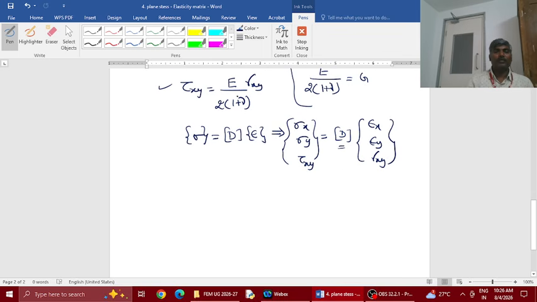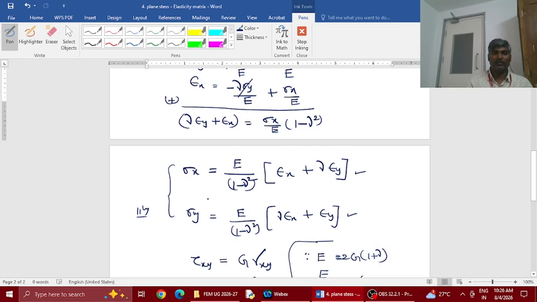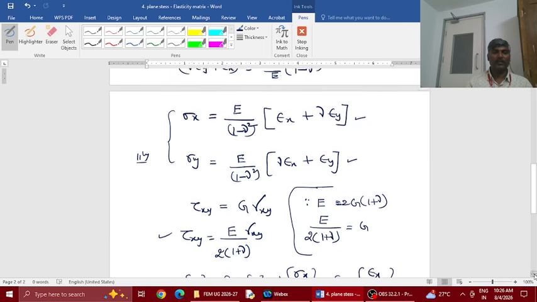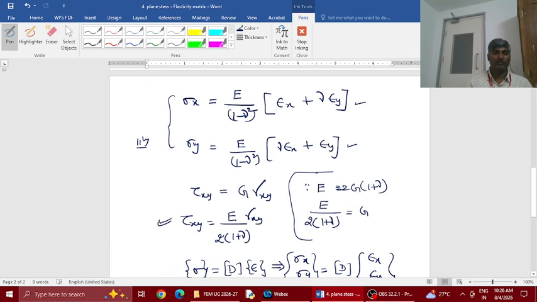We have these two equations with a common term of E by 1 minus nu square. If I have the same for the shear relation also, then we can take that as a common term.